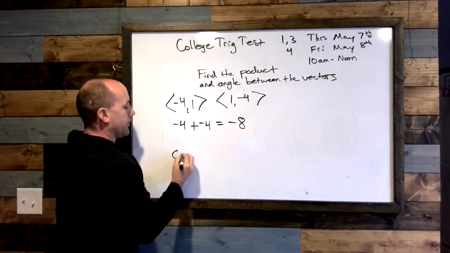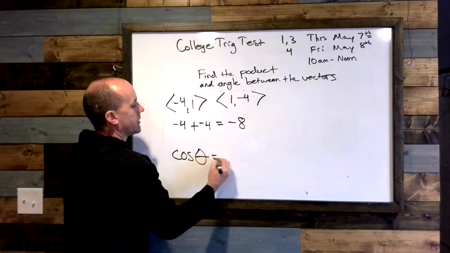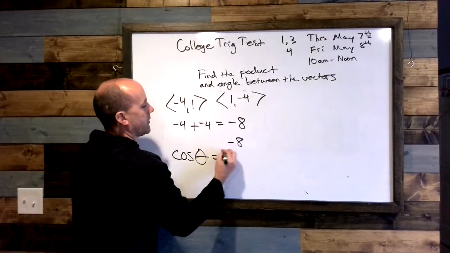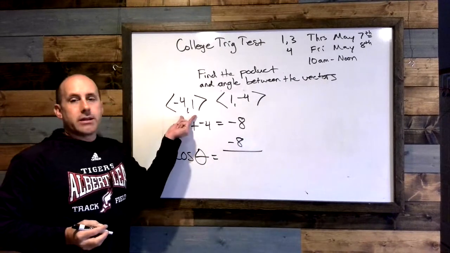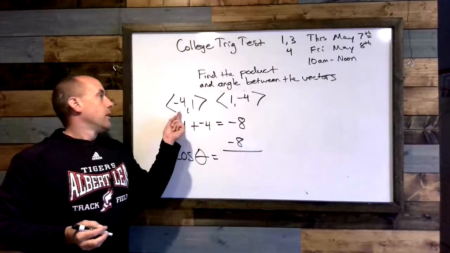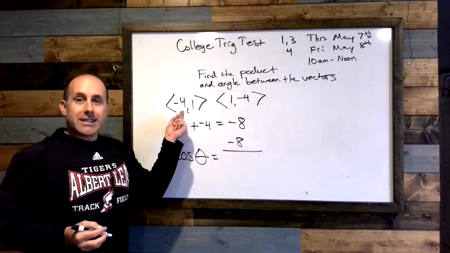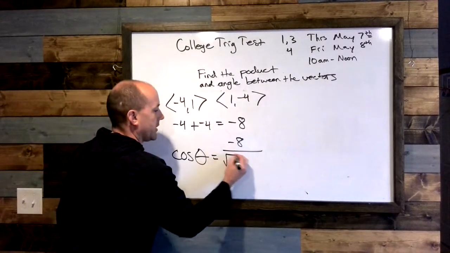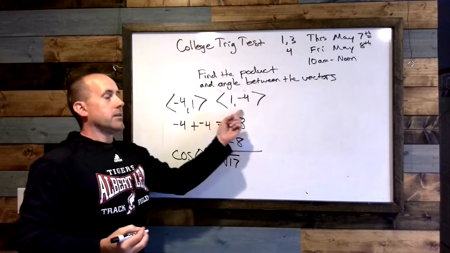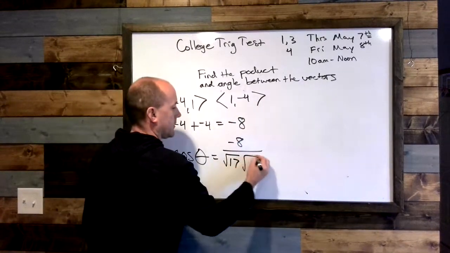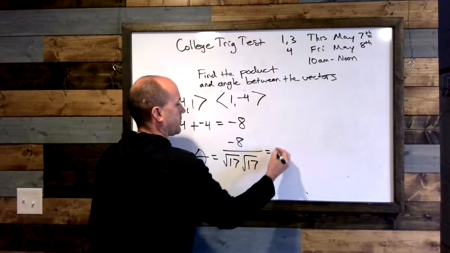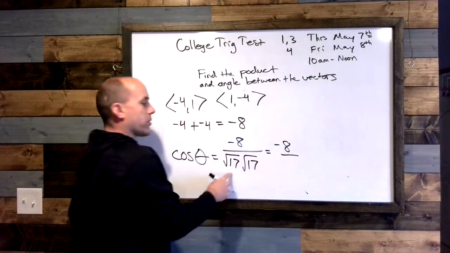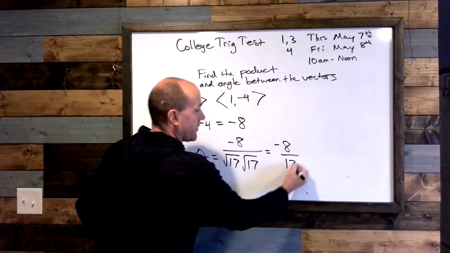You find the angle, you say cosine of theta is equal to that negative 8 divided by, we need the magnitude of this. Negative 4 squared is 16. 1 squared is 1, that makes 17. So the square root of 17. Same thing here. Square root of 17 times square root of 17 is just 17.